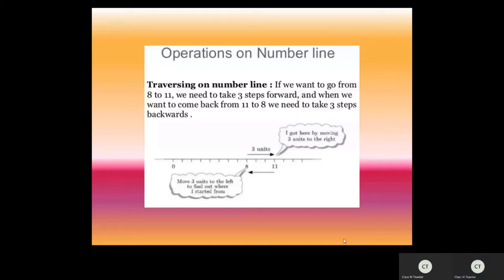Now, 8 to 9 is one step. Then 9 to 10 is another step. Then 10 to 11 is another step. So how many steps do we take to reach 11? 3 steps. 8 to 9, 1. 9 to 10, 2. 10 to 11, 3 steps we have taken to reach our destination 11. And what did we do here? Forward counting. We moved forward, towards the right.